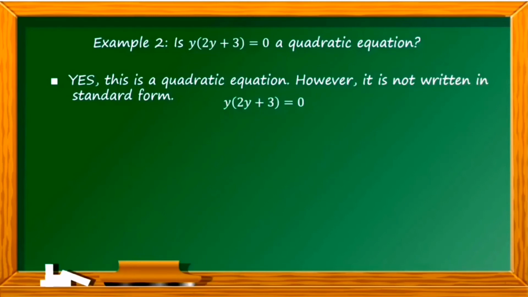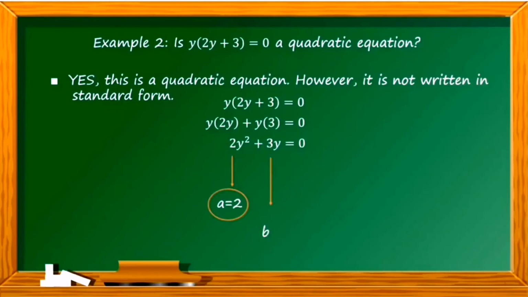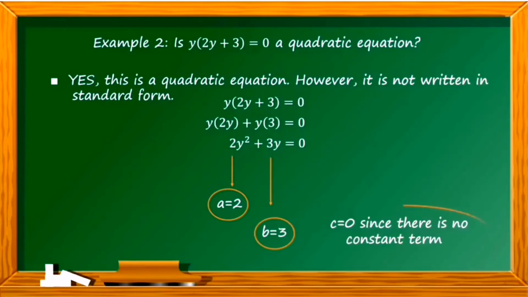So from y times the quantity 2y plus 3 equals 0, it will become y times 2y plus y times 3 equals 0. Finally, we have 2y squared plus 3y equals 0, where our a is equal to 2, our b is equal to 3, and our c is equal to 0 since there is no constant term.